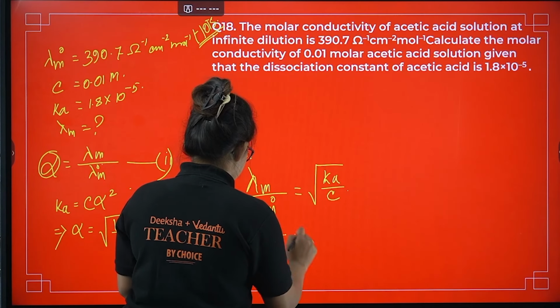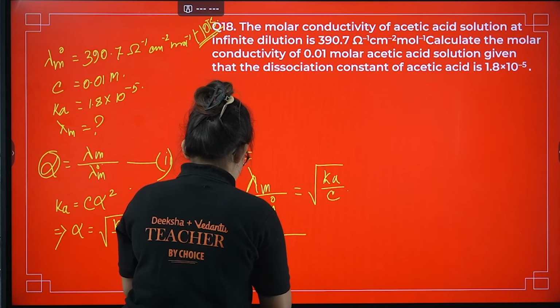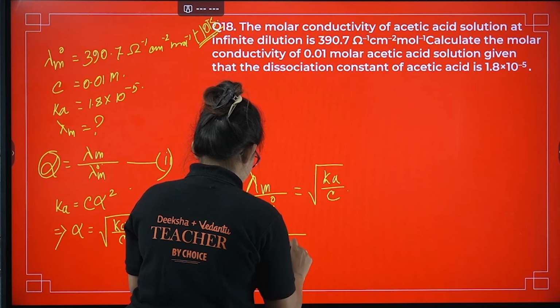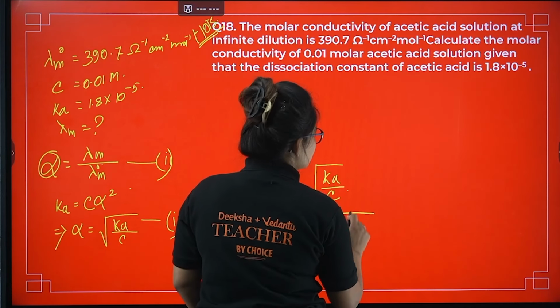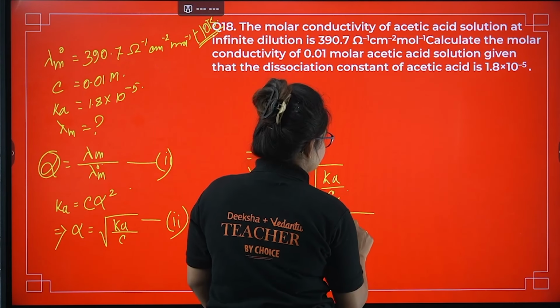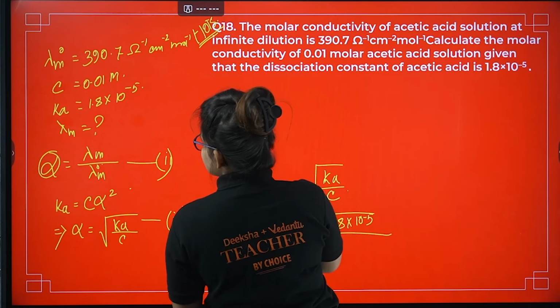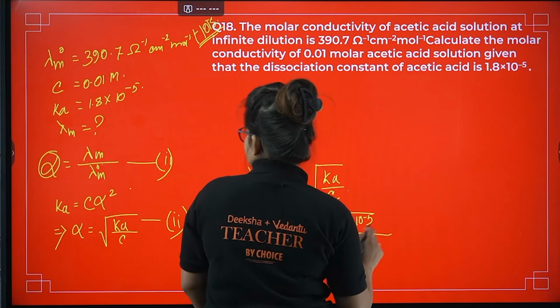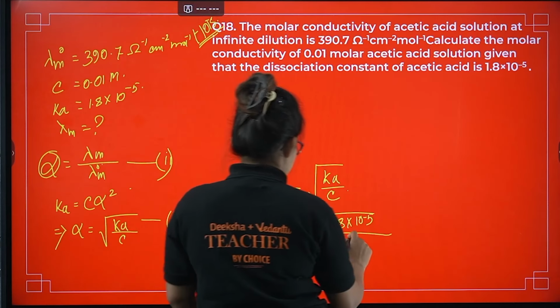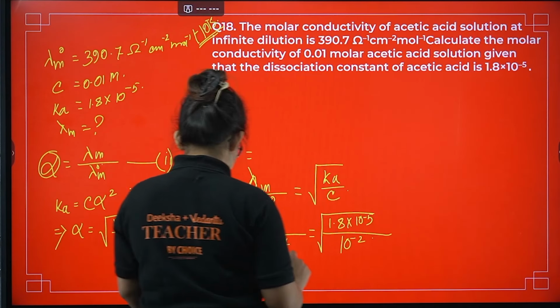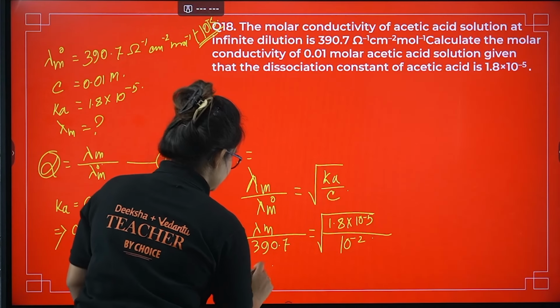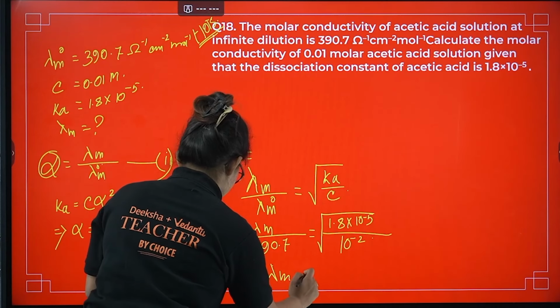Lambda m we have to find out. Lambda m0 is there, 390.7, equals to Ka value is also given, 1.8 into 10 power minus 5, divided by C is also given, that is 10 power minus 2.